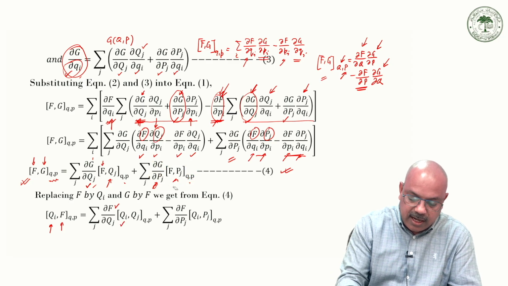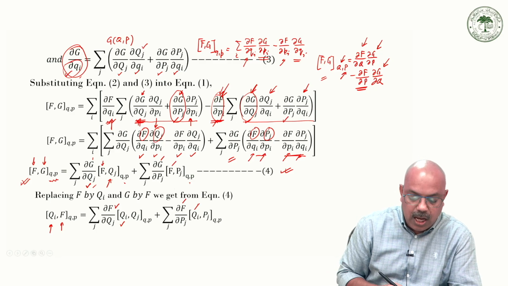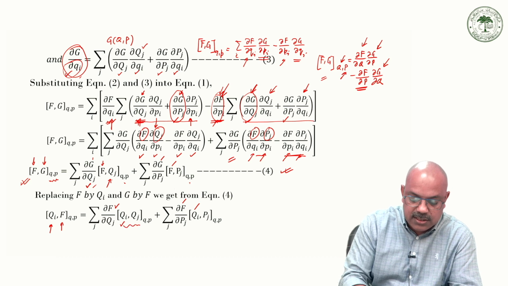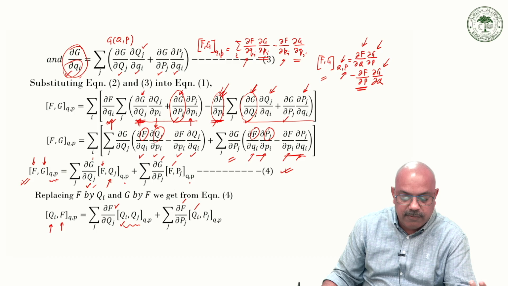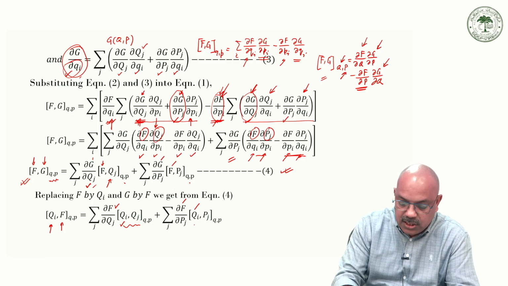Again I have here g replaced by f and f replaced by q. Now you know that this qq is 0, the Poisson bracket of the same variable function is 0, and then this qp is going to be delta ij.